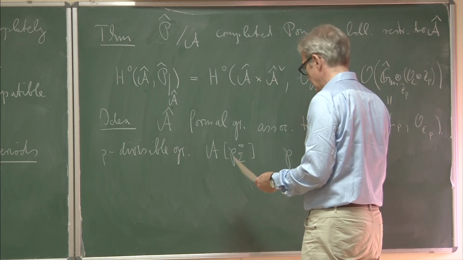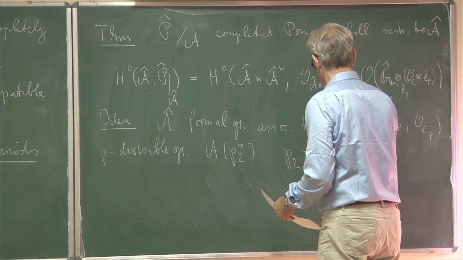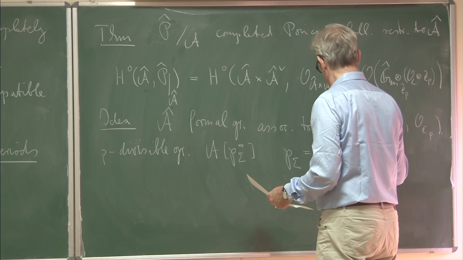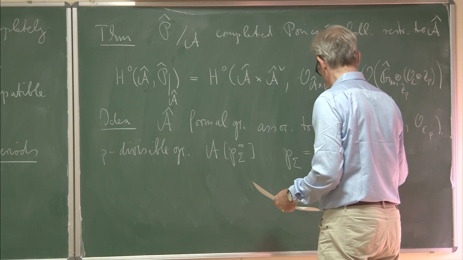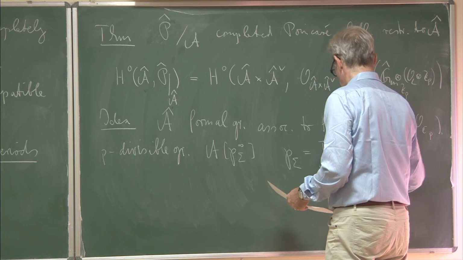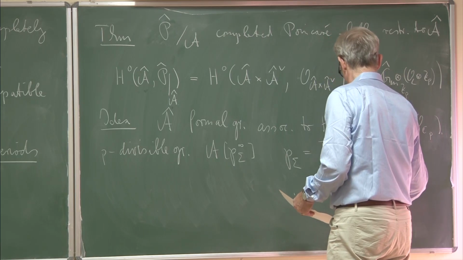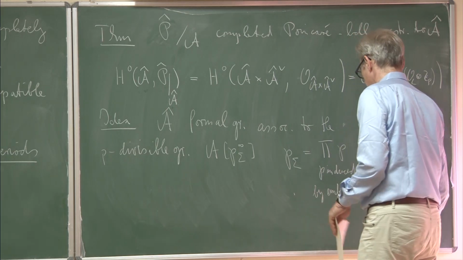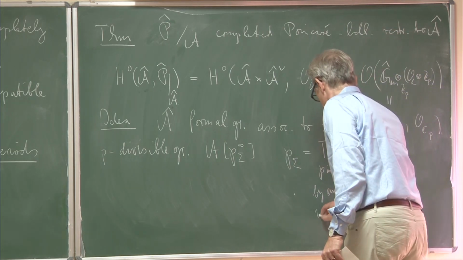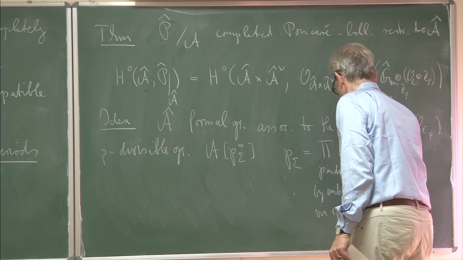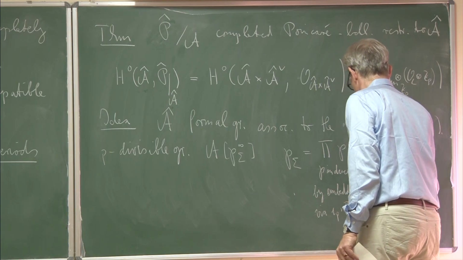So p sigma is somehow the product of all the primes p which are induced by the embeddings of sigma, and then also via the chosen embedding iota p of Q bar into Q_p.